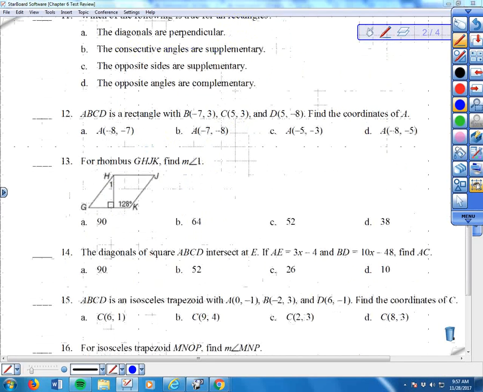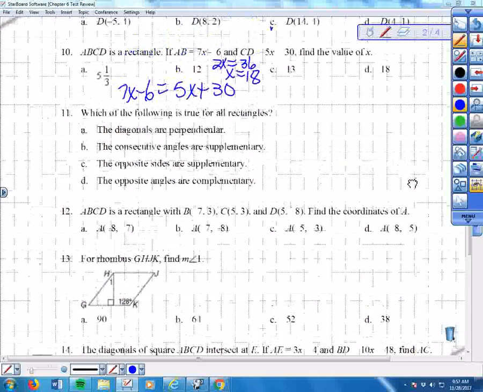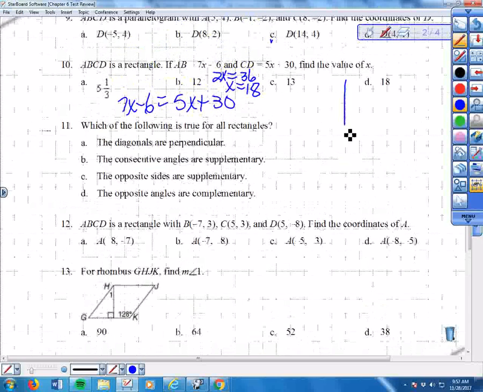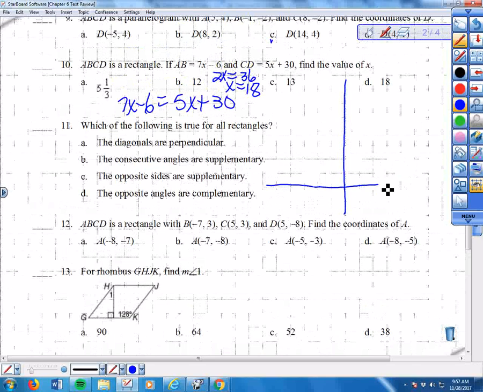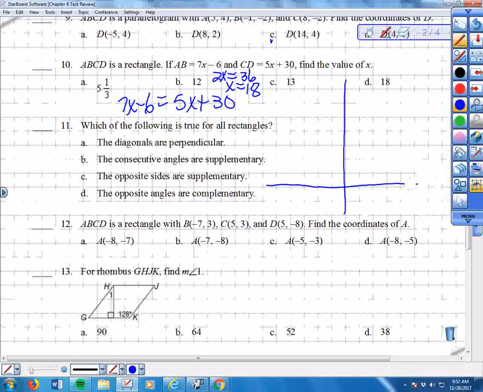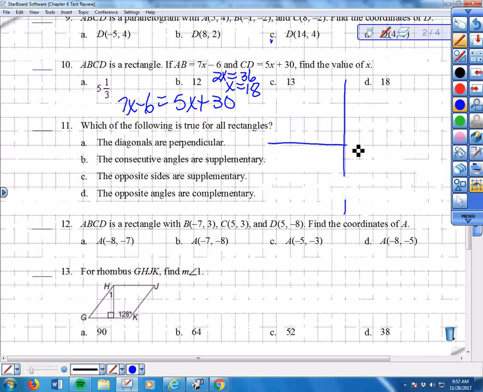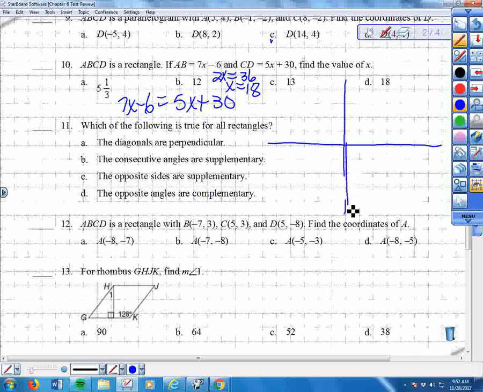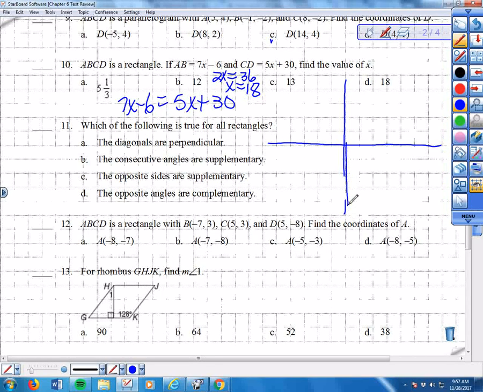ABCD is a rectangle. So it's another one. I've got to find, let's see how well I do here. Nope. I need -8. Yowzer. Let's just go this way. Okay. -7. 1, 2, 3, 4, 5, 6, 7, 3. 1, 2, 3.